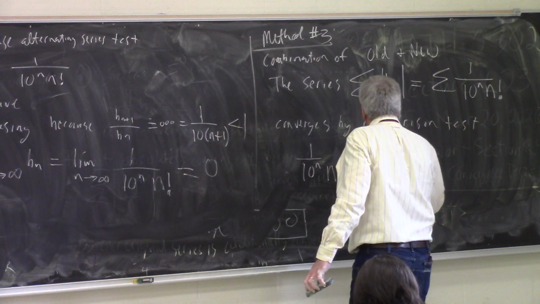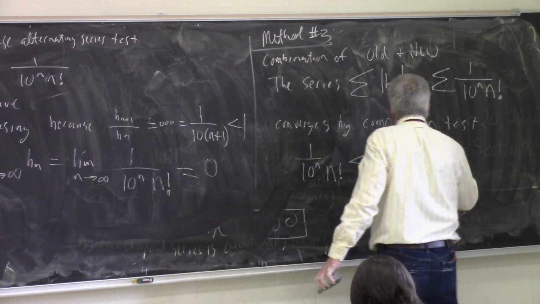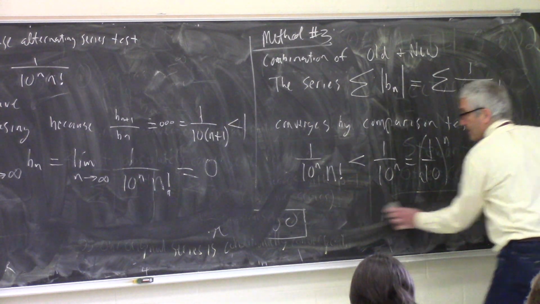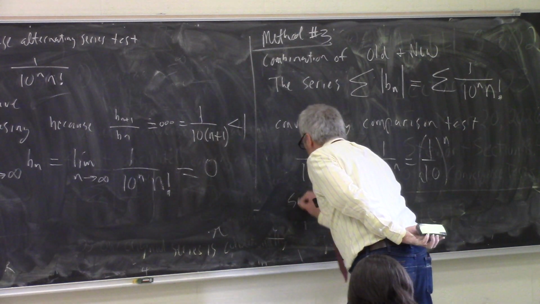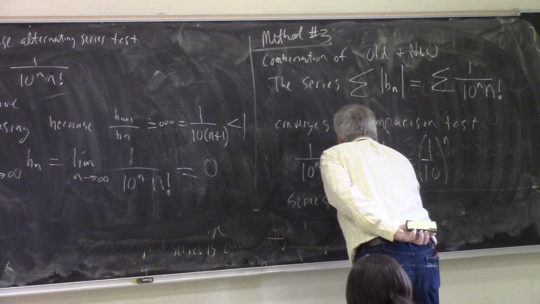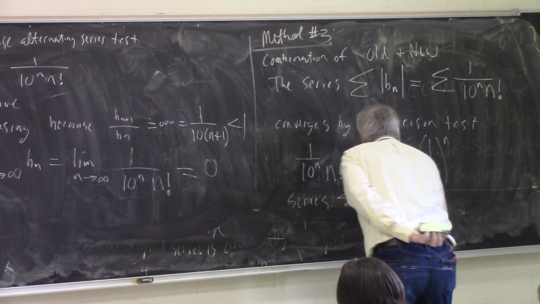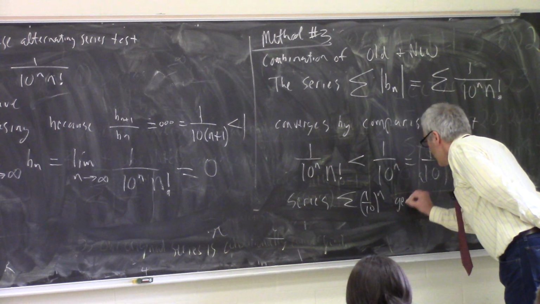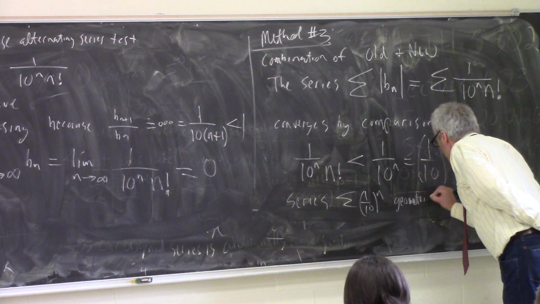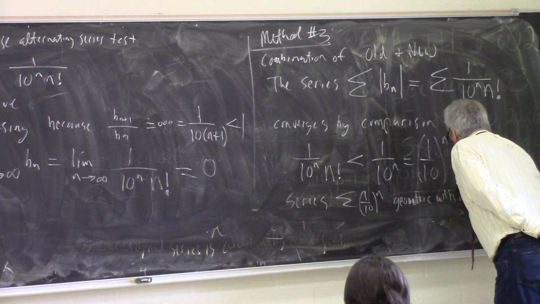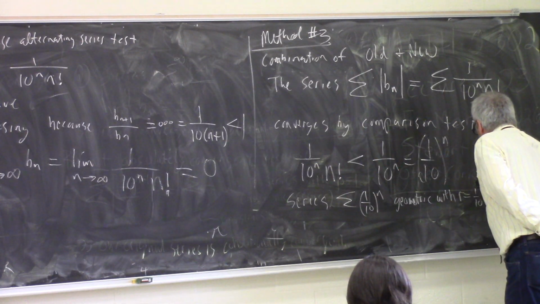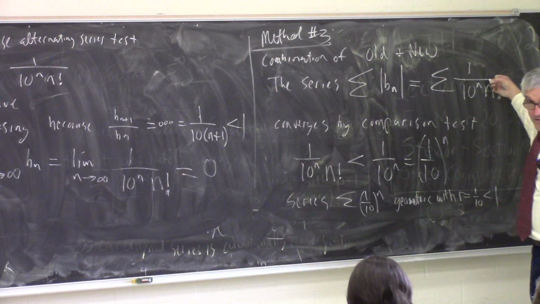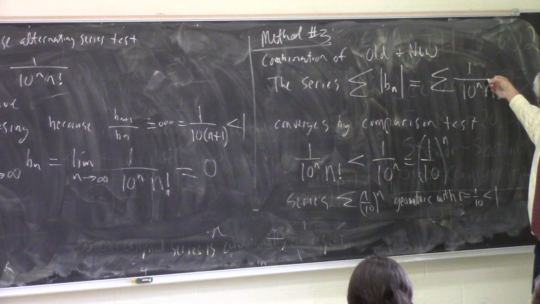That's less than 1 over 10^n, which is (1/10)^n. So this series, which is the series (1/10)^n, that's a geometric series. That converges with r equals 1/10, which is less than 1. So this converges, which means that our original series converges absolutely.